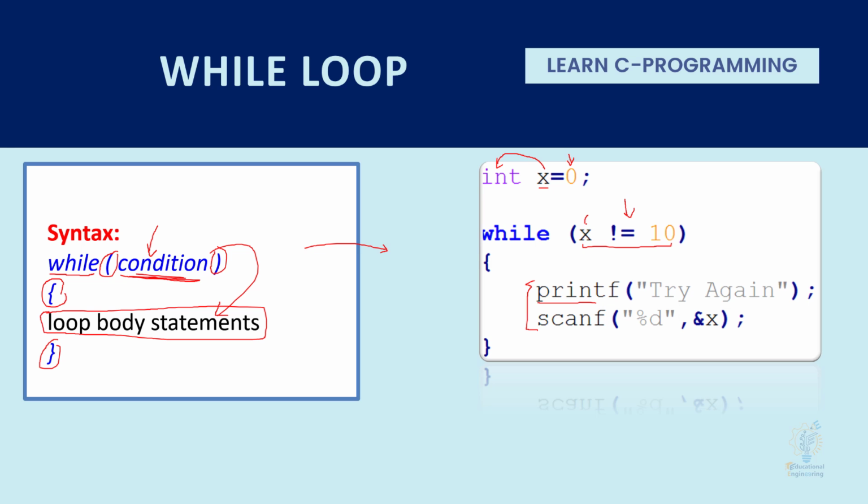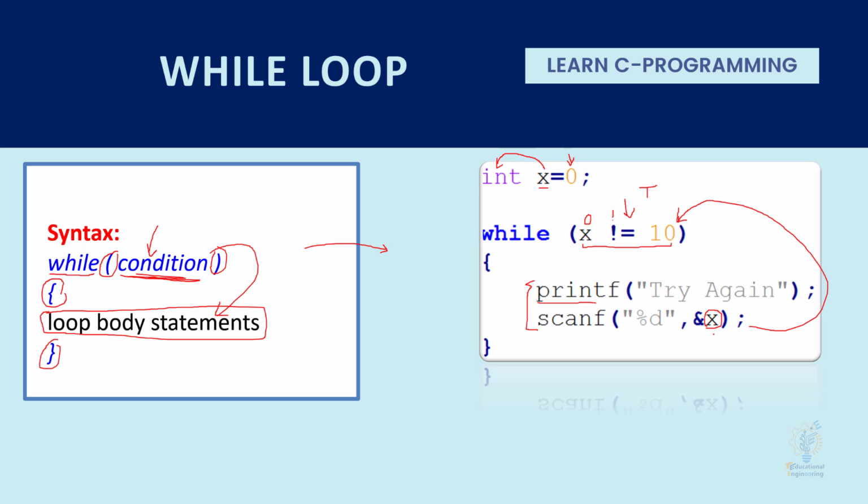Now, x is 0, not equal 10, that is true. So we have the condition as true. It will print try again, and it will wait for the user to enter a new value and save it inside the variable x. Once done, it will go back to the condition to check it.